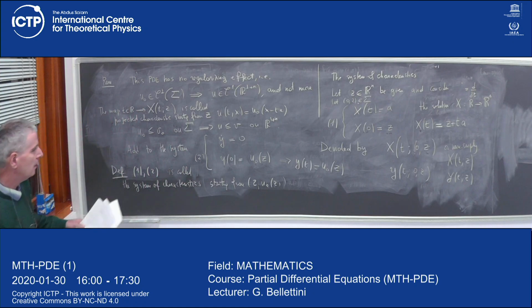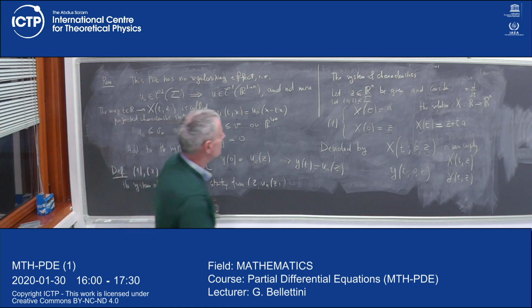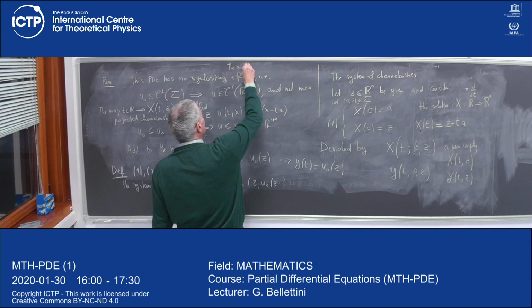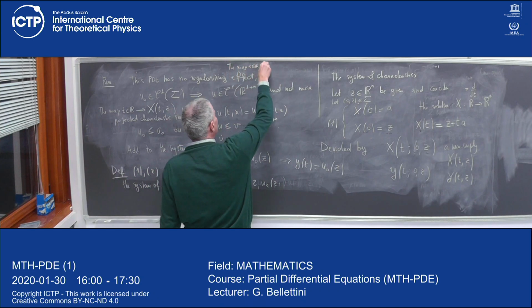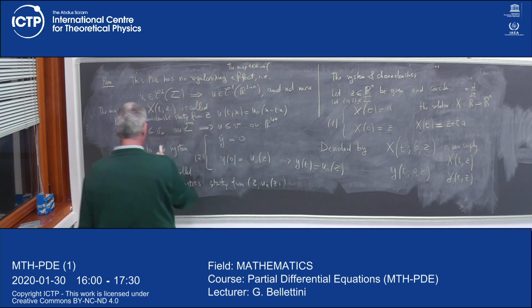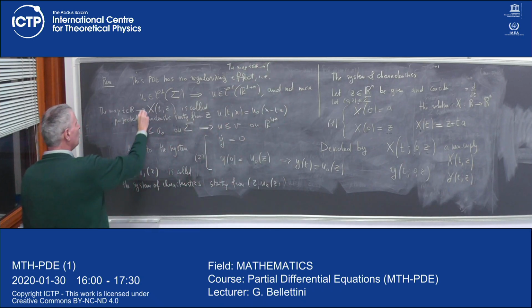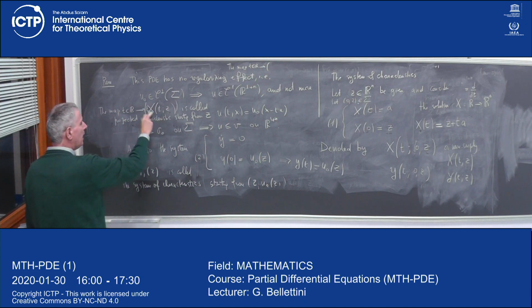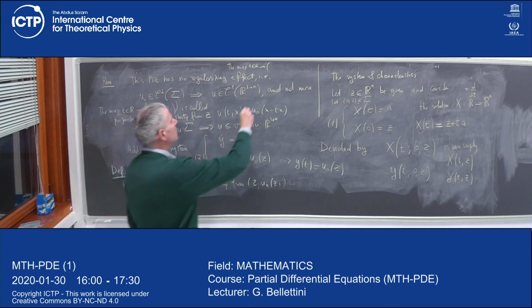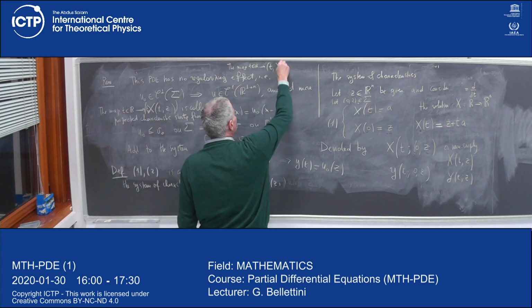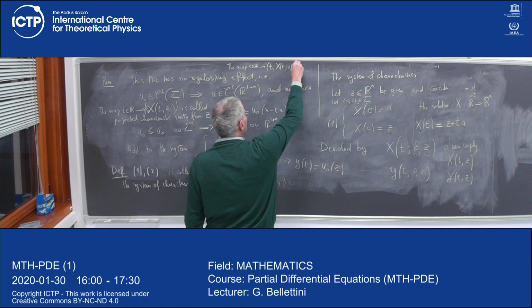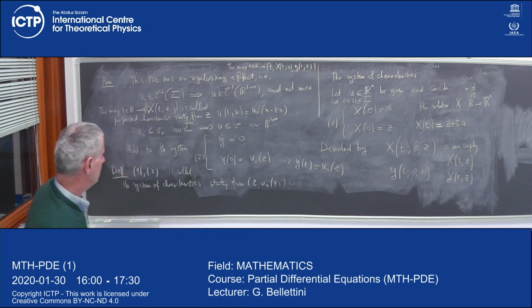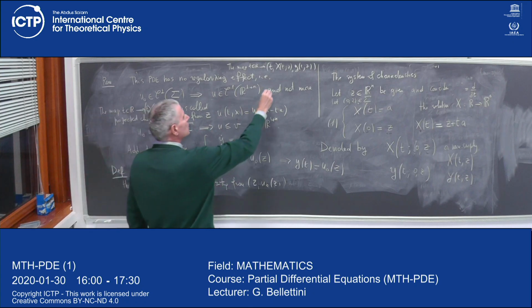Instead, the complete system, the map t into t, x of t z, comma y of t z, is called the characteristic.